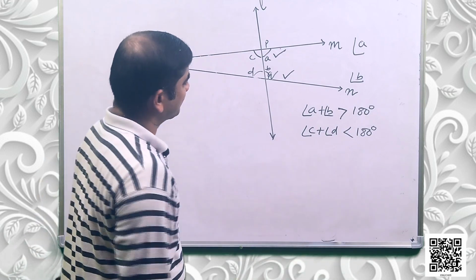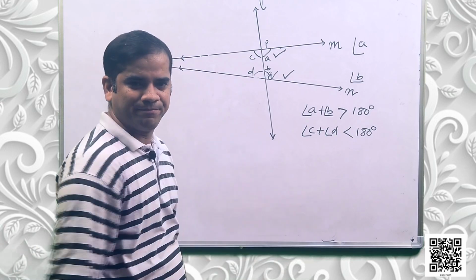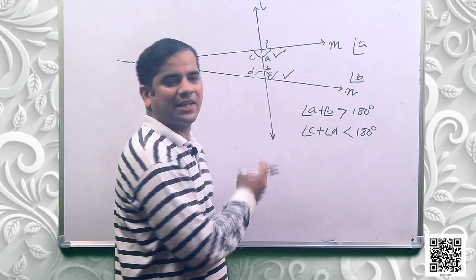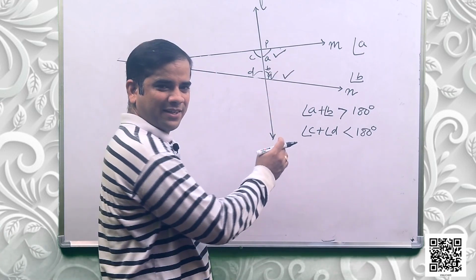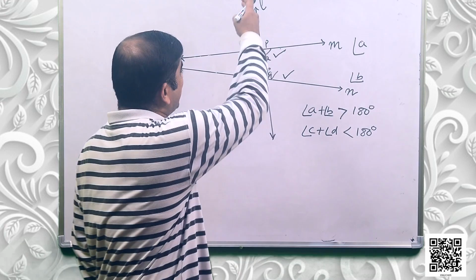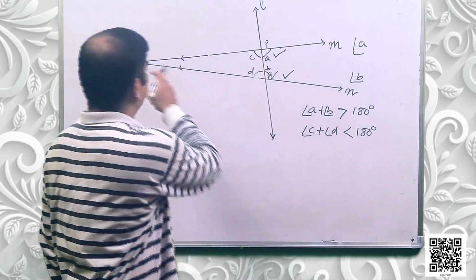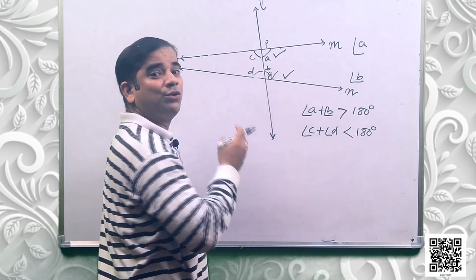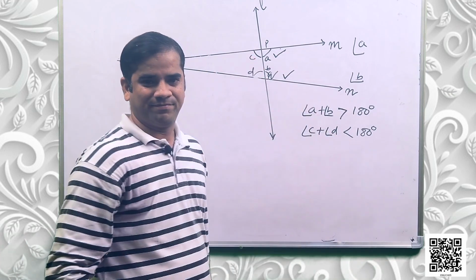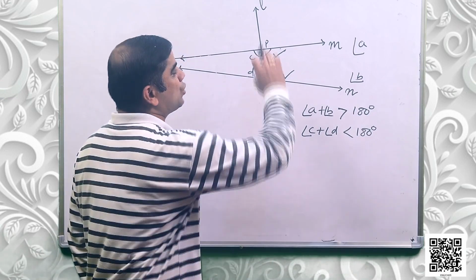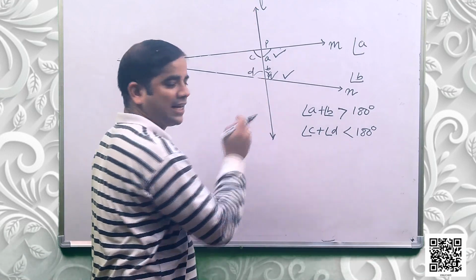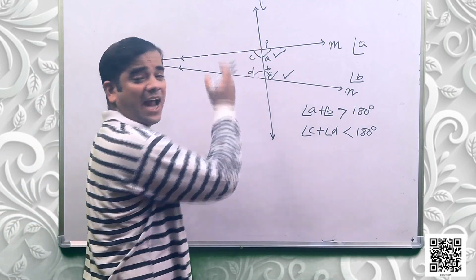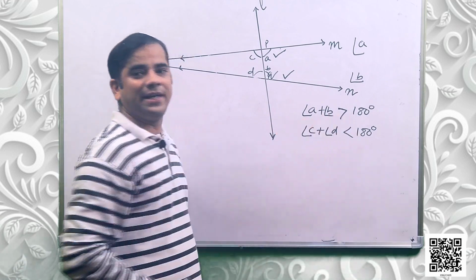So if I simplify, I can say two distinct lines, when intersected by another line, will meet each other at a point in the direction of the internal angles whose sum is less than 180 degrees.